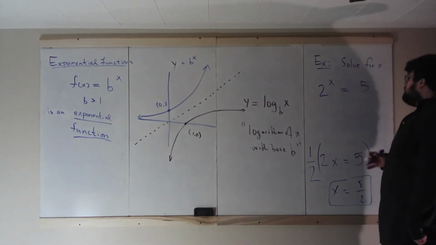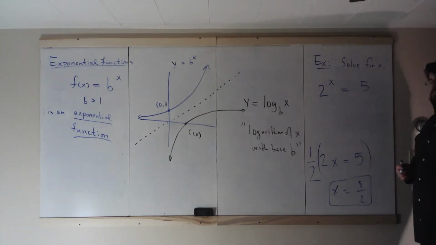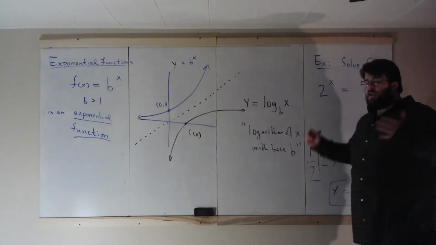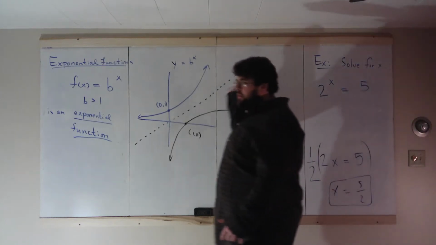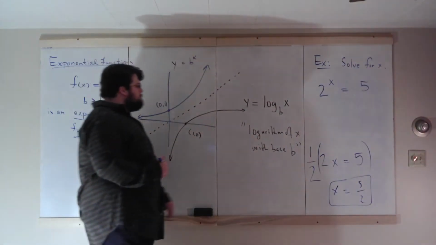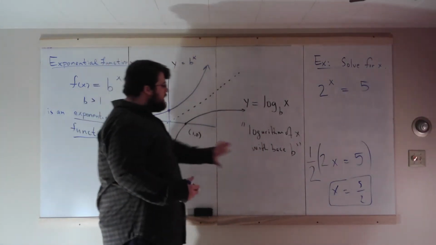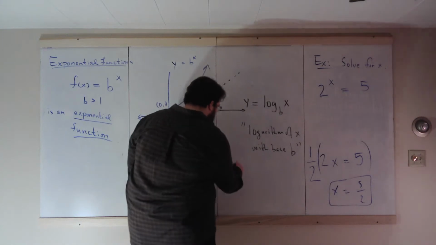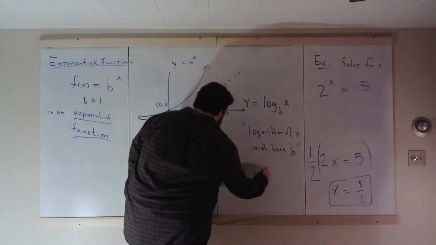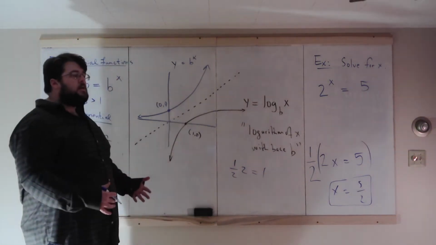Now here, we can't divide by 2 and get rid of that 2, because the x is in the exponent. But what we can do is invert that function. What does that mean? Well, it means we use the property of inverses. So right here, what do we have? We have a half and 2 canceling out and making a 1.